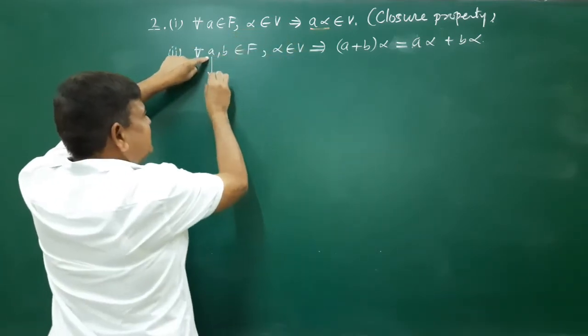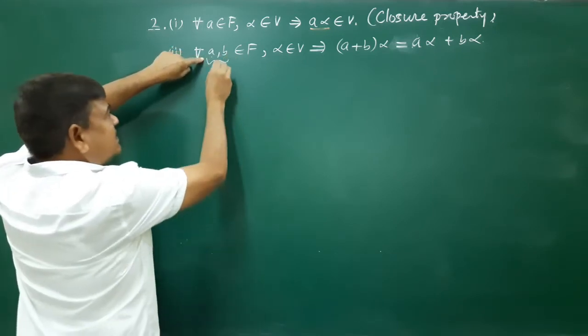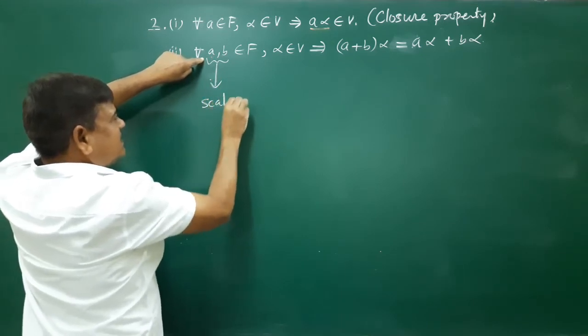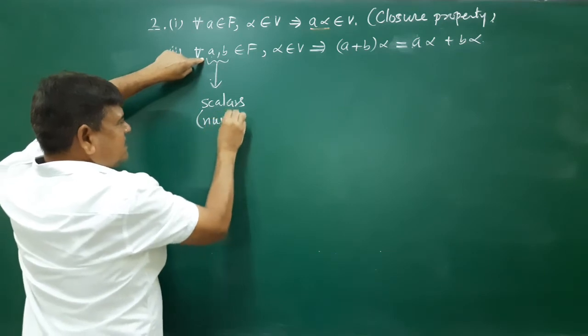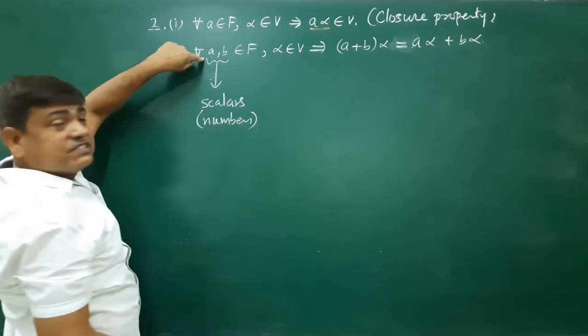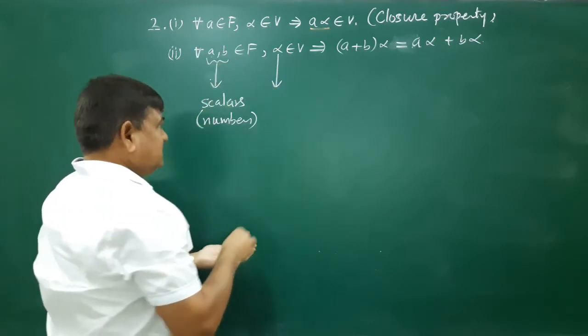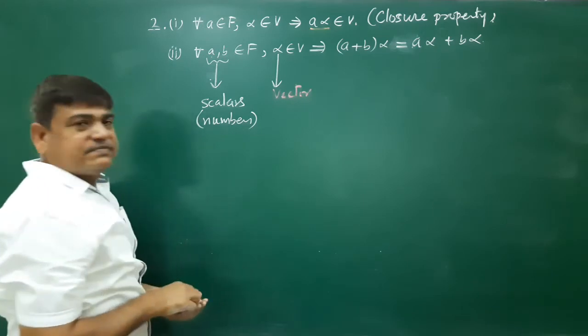A and B are scalars, numbers. Alpha is a vector.